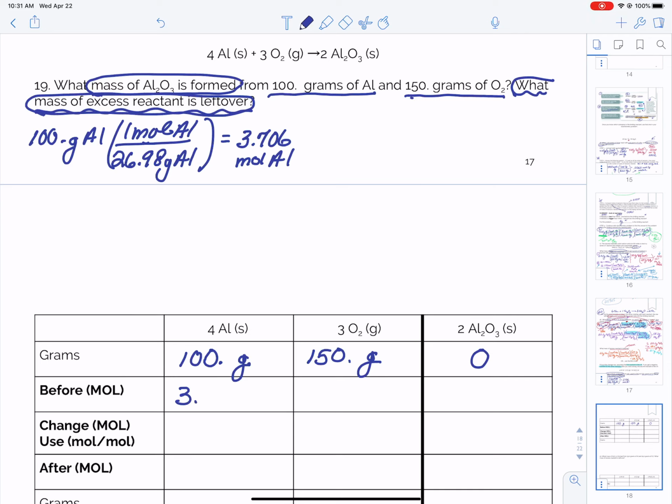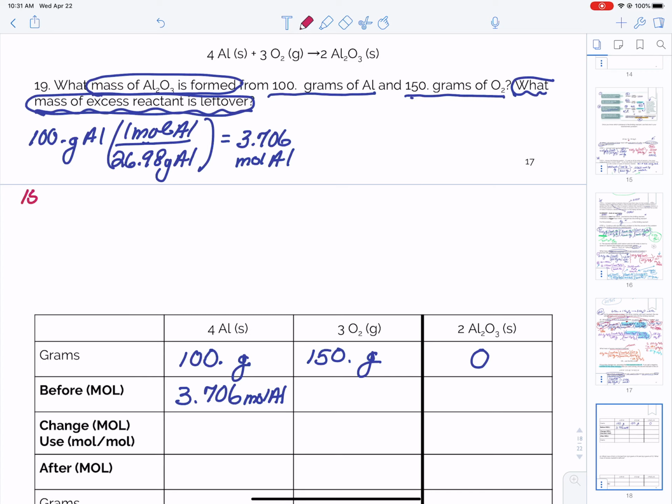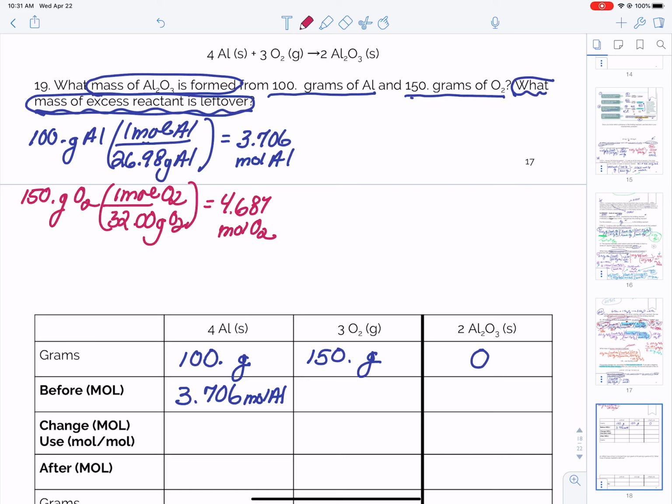I'm always going to try at least to write in the units and the chemical, because it's real easy to get them confused. 150 grams of oxygen: 1 mole of oxygen has a mass of 32.00 grams, and that equals 4.687 moles of oxygen. So write that in here. And I don't need to do this conversion for the product. If I have 0 grams of aluminum oxide, I have 0 moles of aluminum oxide.